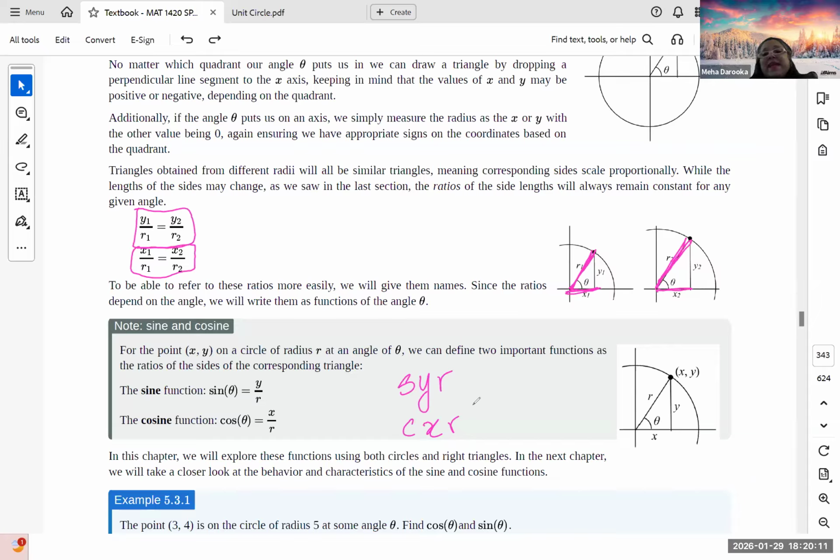So again, remember, it does not matter what the radius of the circle is. These proportions will always stay the same, which means that we can always use the sine function as y divided by r and the cosine function as x divided by r. And of course, you have this scenario where we are dropping that perpendicular line from the point x, y to your x-axis to create that right triangle, okay?